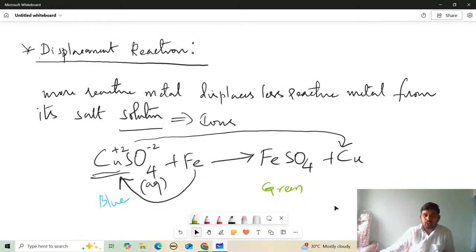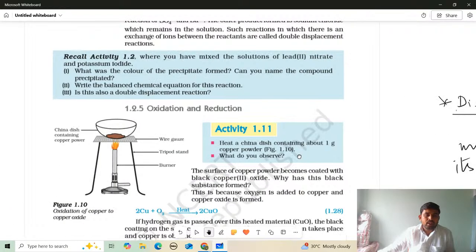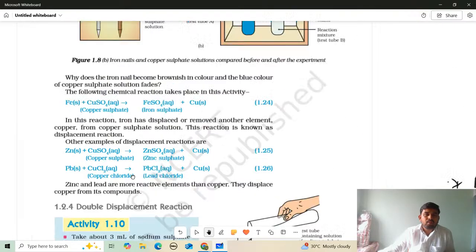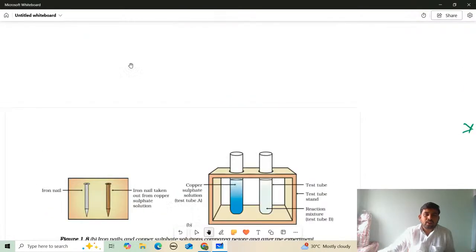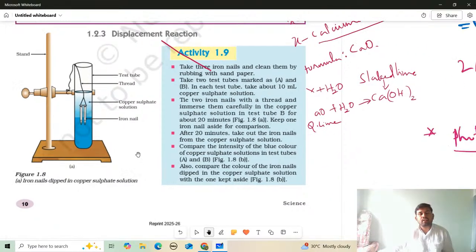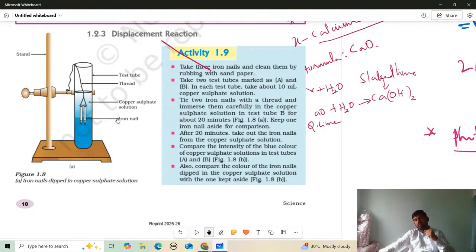Now they take a test tube, and you can see it in the diagram here. Here they have taken the test tube and kept iron nails directly in the solution of copper sulfate.